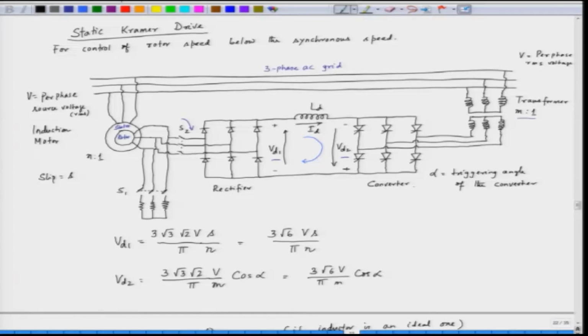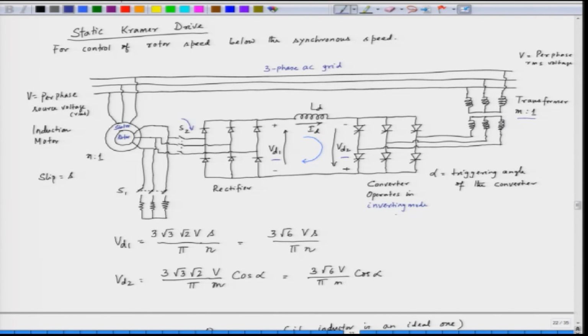What is the range of alpha? So, this converter is actually operating in the inverting mode. So, we have the converter which is operating in the inverting mode.